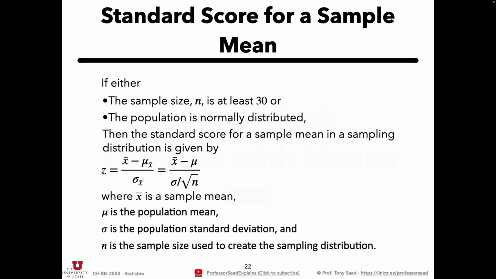Now, if you think of the sample means as represented by x bar, and the sampling distribution of sample means has a mu x bar and a sigma x bar, then you can build a standard normal distribution by building the z-score.